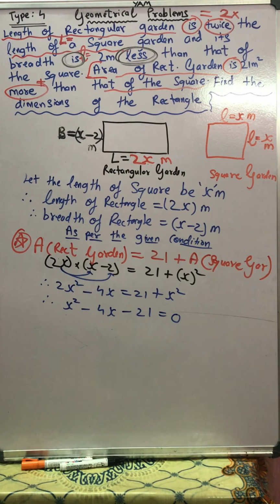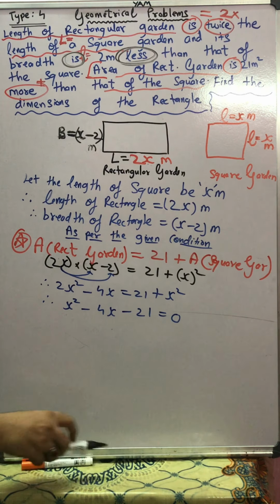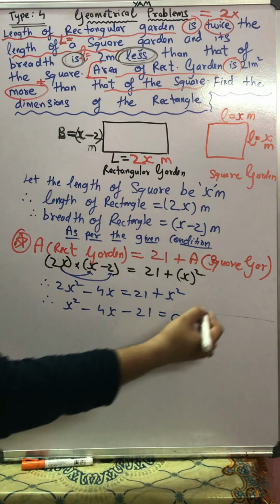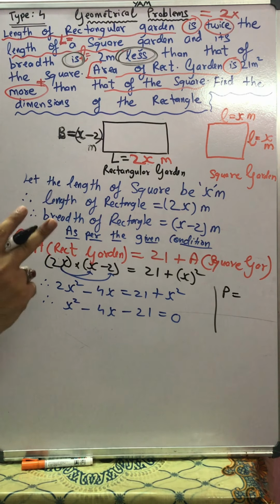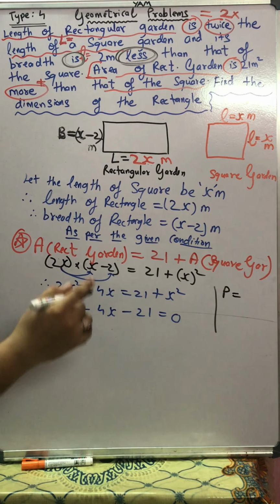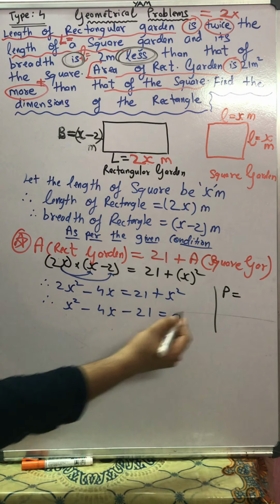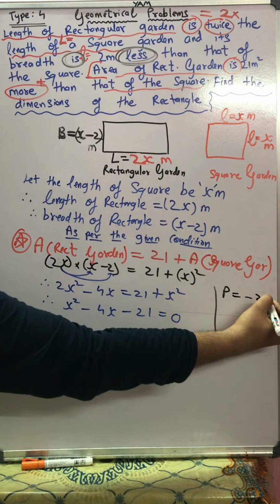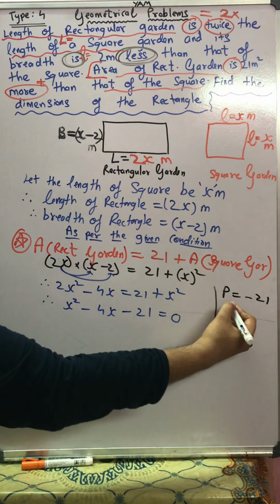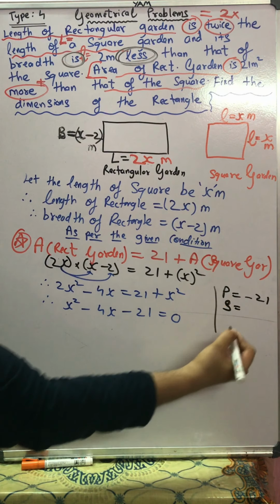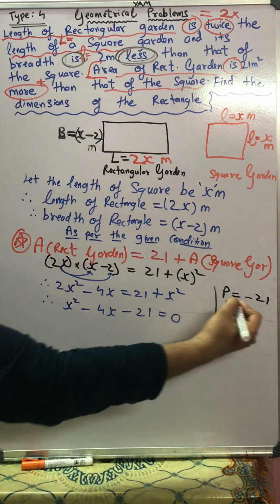Now students, what is on the board is a quadratic, and we should decode it. P means product. We need two numbers such that their product is minus 21, and when the same two numbers are added, their sum should be minus 4.